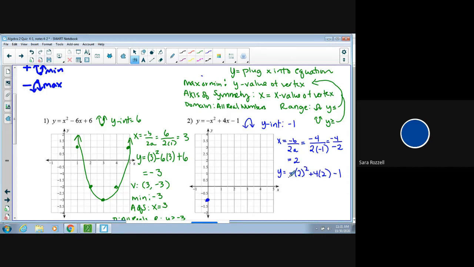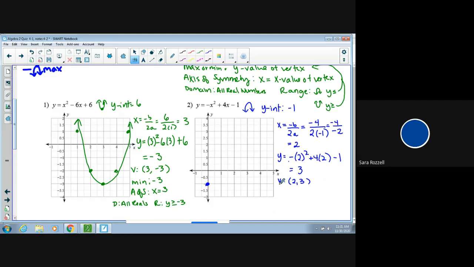And that's going to give us 3, I think. But you could type it in the calculator if you want to. So our vertex is 2, 3.